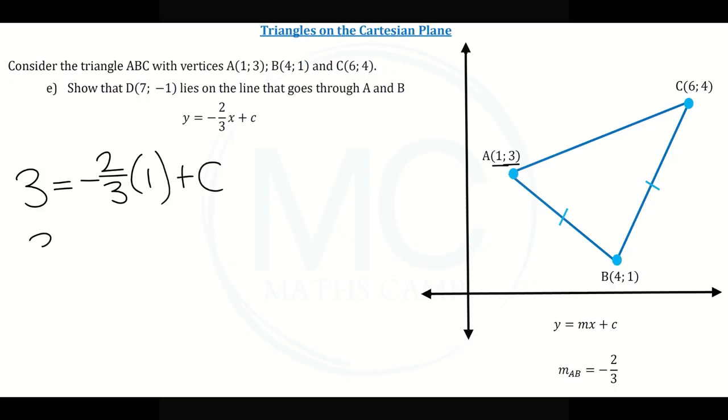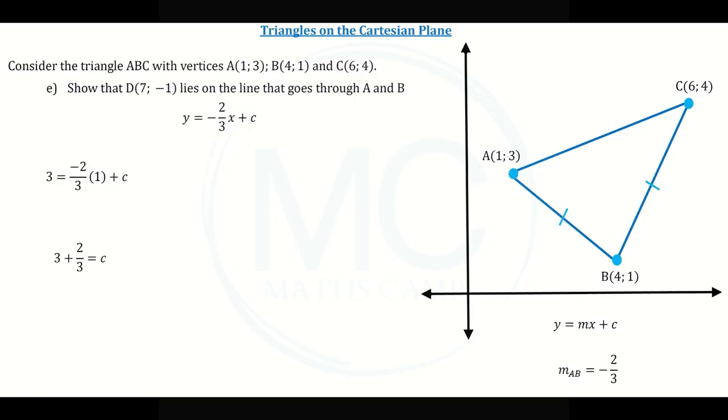Now we have 3. Negative 2 over 3 multiplied by 1 is negative 2 over 3. Let's move that to the left and we get positive 2 over 3. And we make this equal to c.